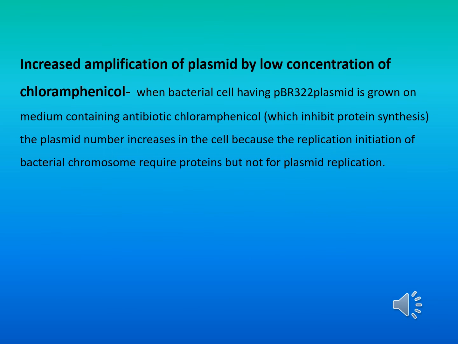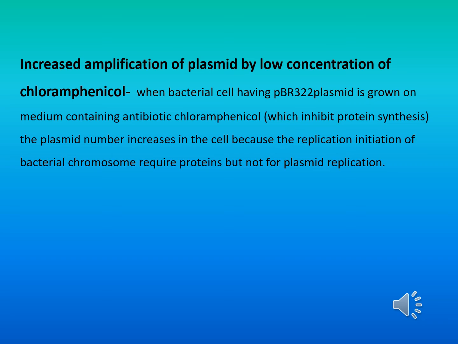Now we will see how a low concentration of chloramphenicol increases the copy number of this plasmid. When we grow the bacterial cell having this plasmid in a medium containing the antibiotic chloramphenicol, this antibiotic inhibits the protein synthesis of the bacterial cell. When we use it in low concentration, protein synthesis is inhibited partially.